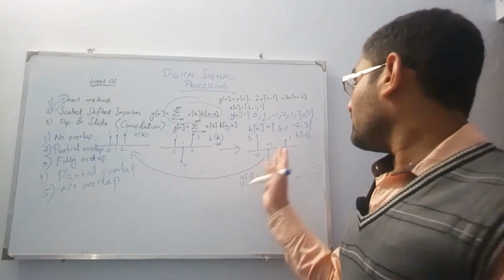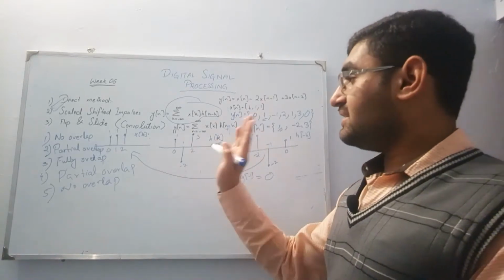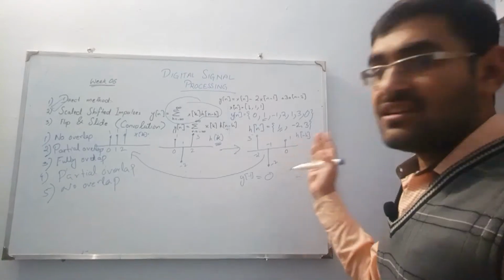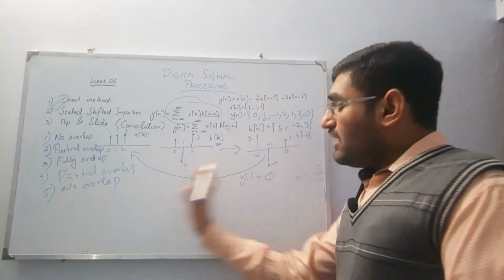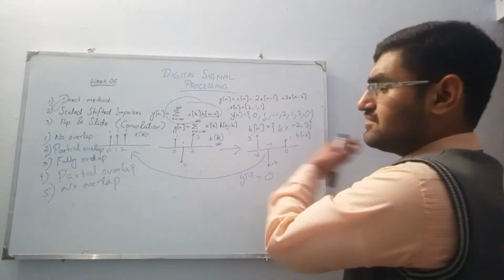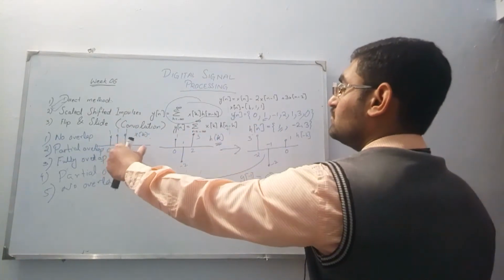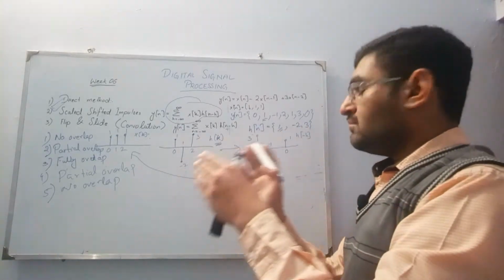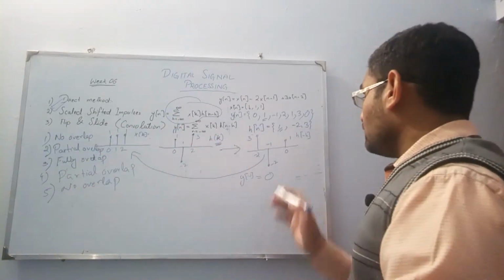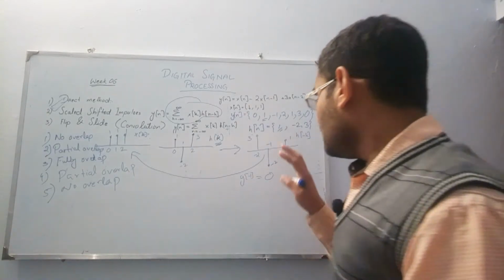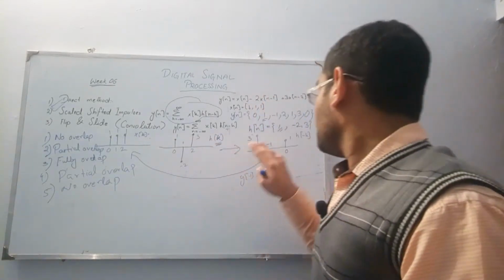Because when this signal is way back toward negative side and this signal is on 0 to 2, then there will be no overlap.